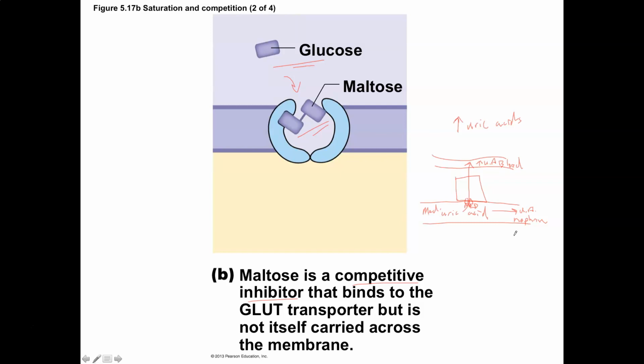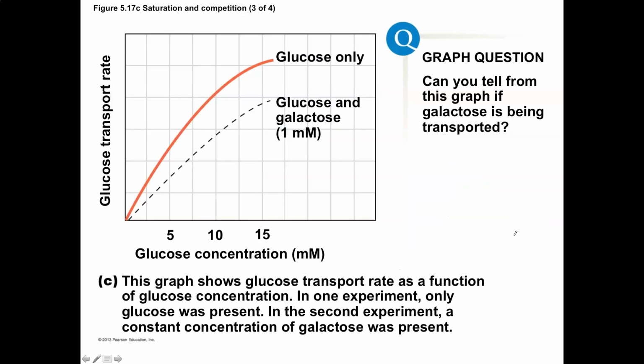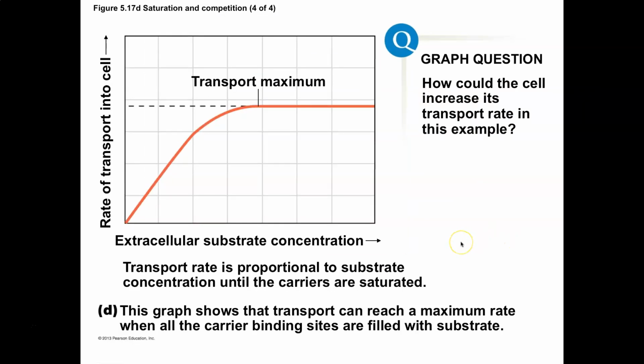Another thing to consider about carrier proteins is that carrier proteins can become saturated. So there are diagrams that we can take a look at just to show you that carrier proteins have a maximum rate of transport. When a carrier protein is maxed out, meaning all the carrier proteins are being used by a particular cell, you can only transport up to that maximum.